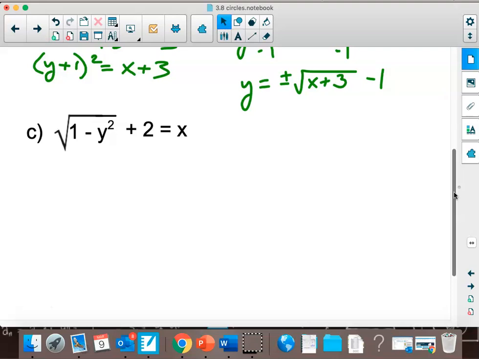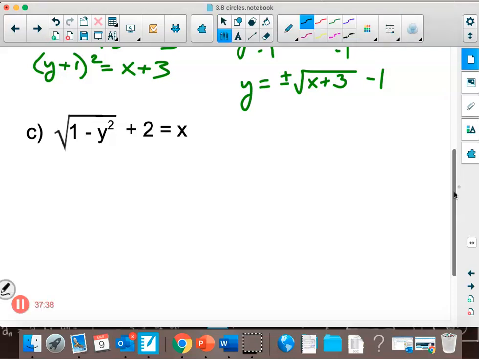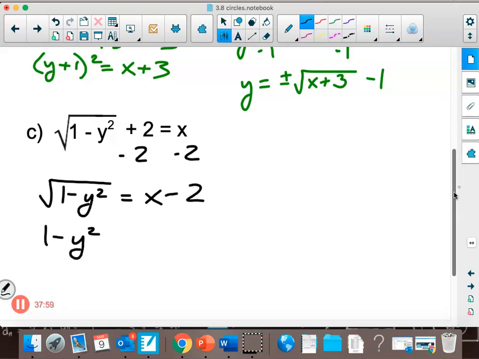Okay, last one. What do I have to do first? Subtract 2. So I have the square root of 1 minus y squared equals x minus 2. I have isolated the root. What do I do to both sides? Square both sides. Be very careful when you square the right-hand side.